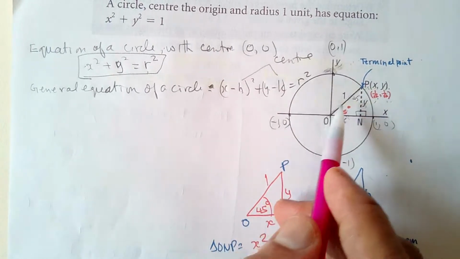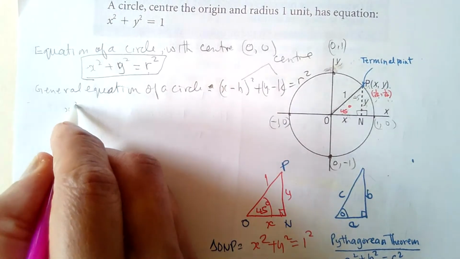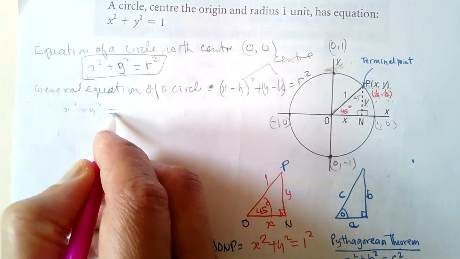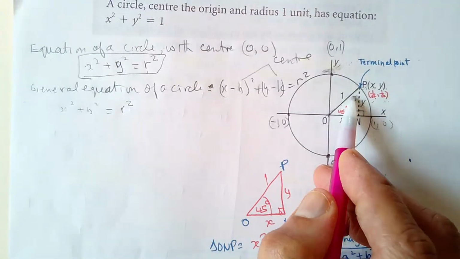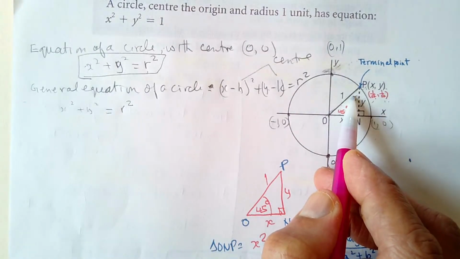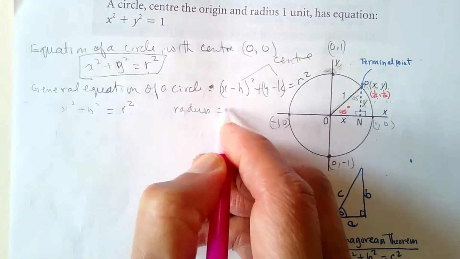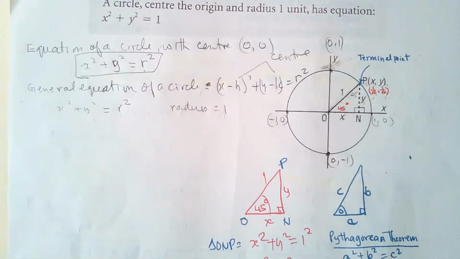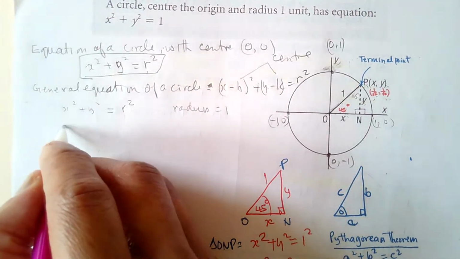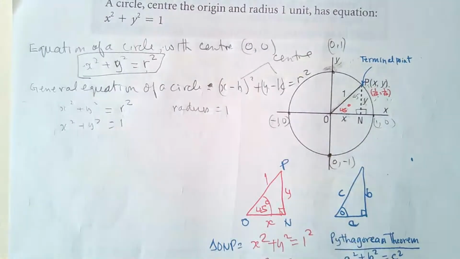Here we have a radius of 1, so we use the general equation: x squared plus y squared is equal to r squared. The radius in this case is 1, so we can replace the radius with 1. So we have x squared plus y squared is equal to 1 squared, which is 1.